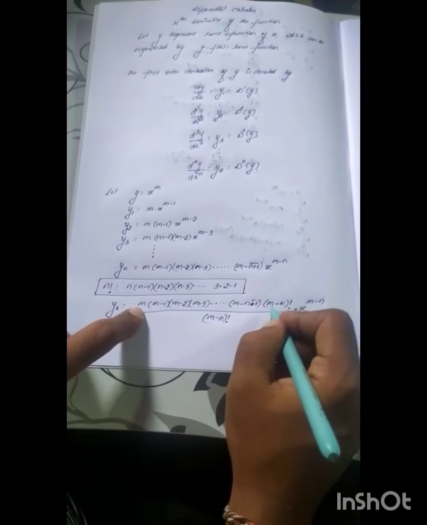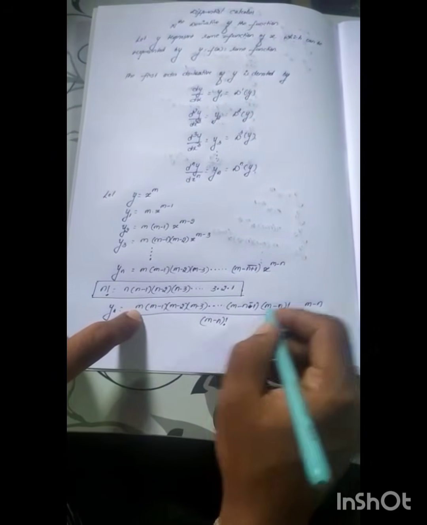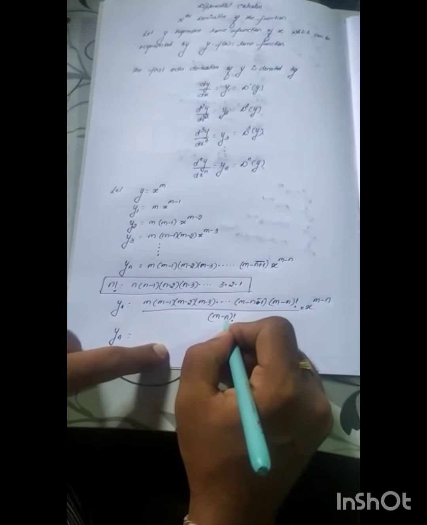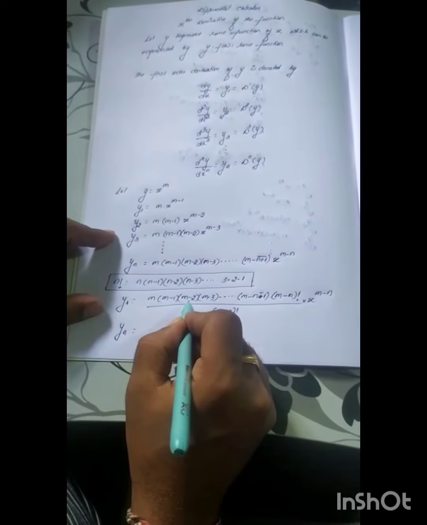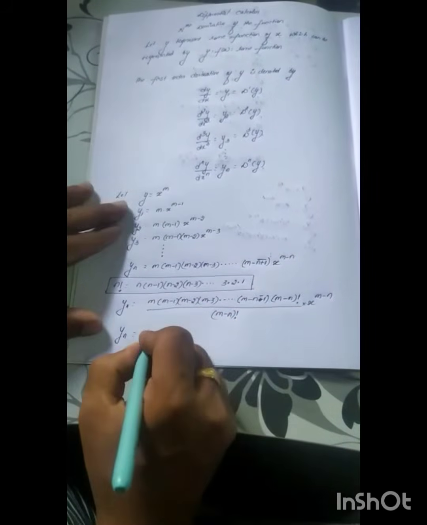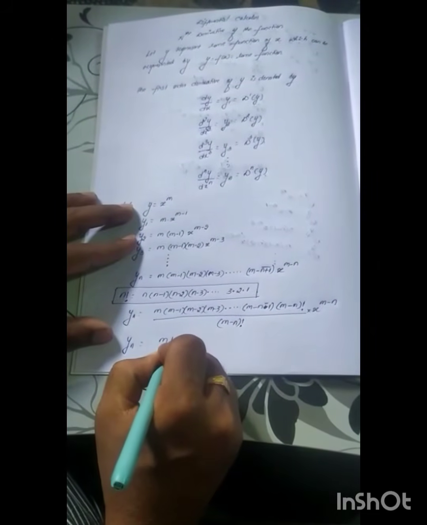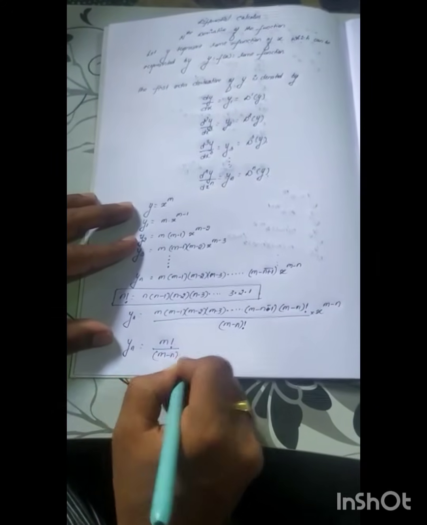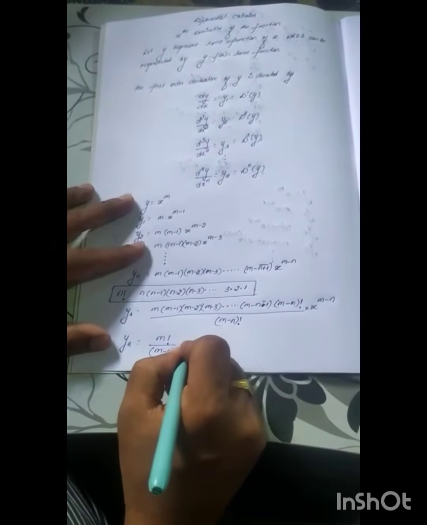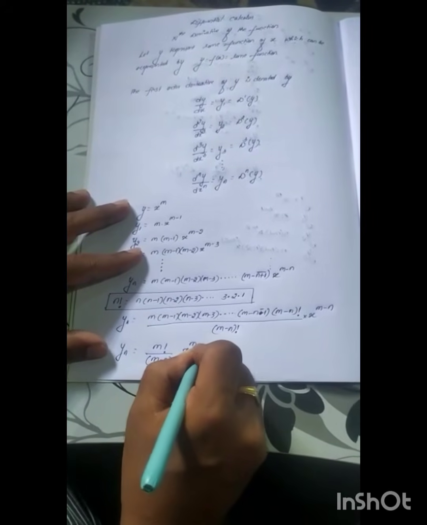If we are multiplying by m minus n factorial, we have to divide also, so m minus n factorial will come in the denominator. So now this term m into m minus 1, m minus 2, m minus 3 and so on can be written as m factorial divided by m minus n factorial, into x power m minus n.